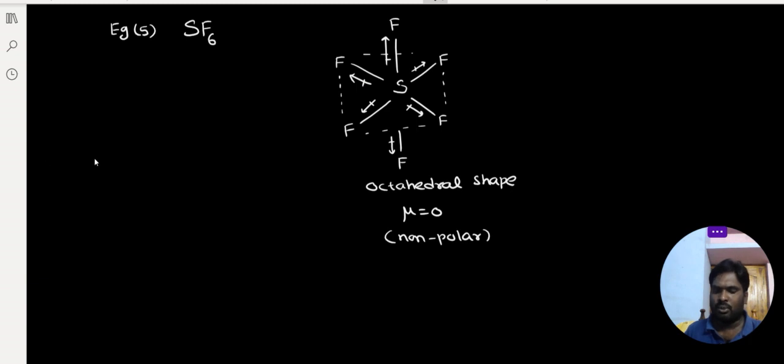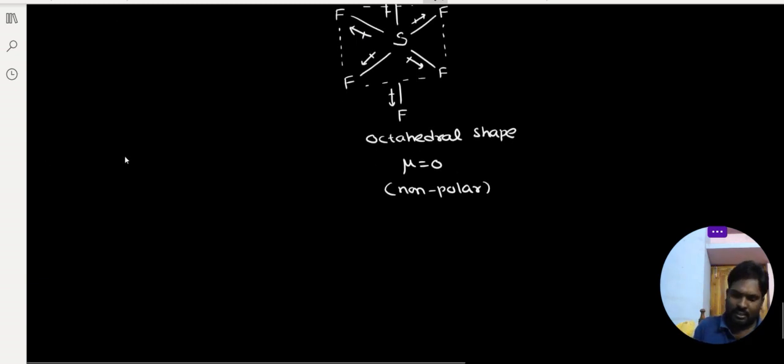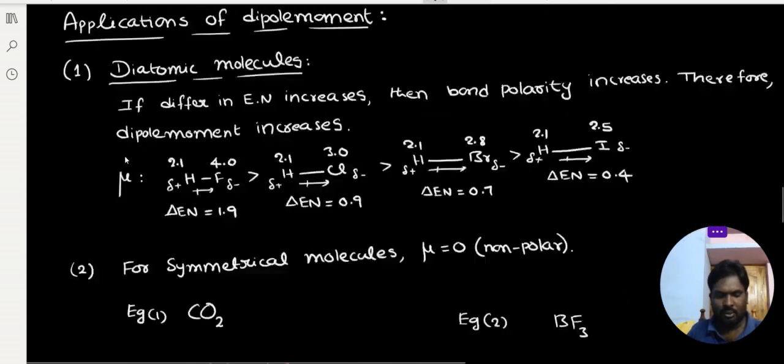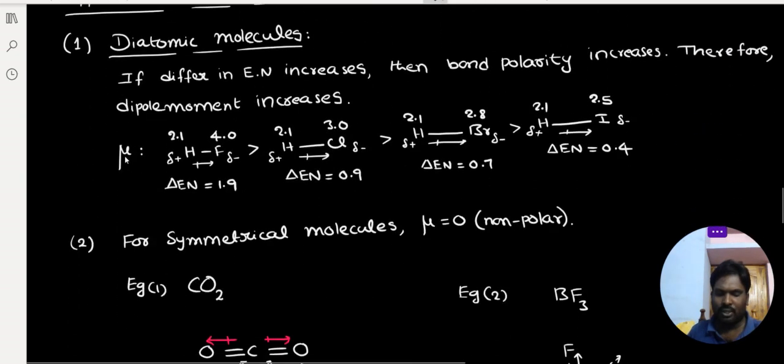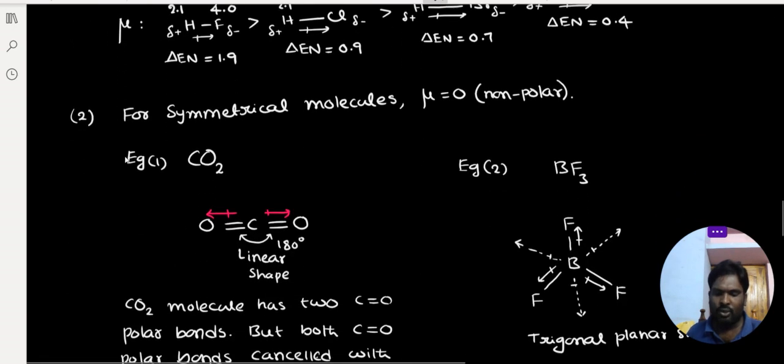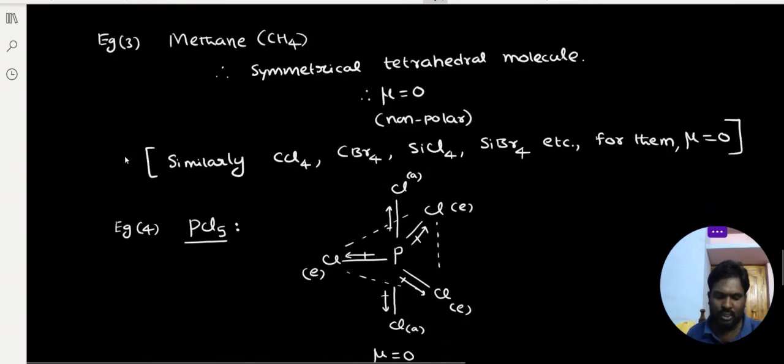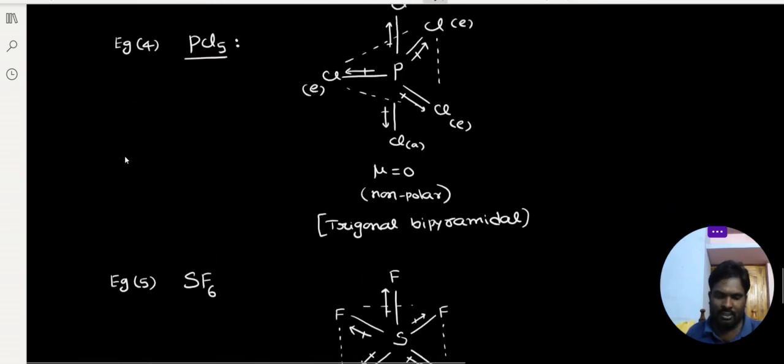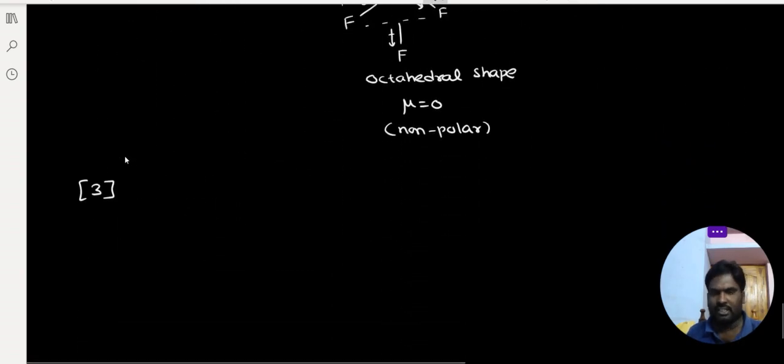Now coming to the third application. Here just observe diatomic molecules, one application done. Next, for symmetrical molecules mu value 0, how many examples done? 1, 2, 3, 4, 5 examples done.